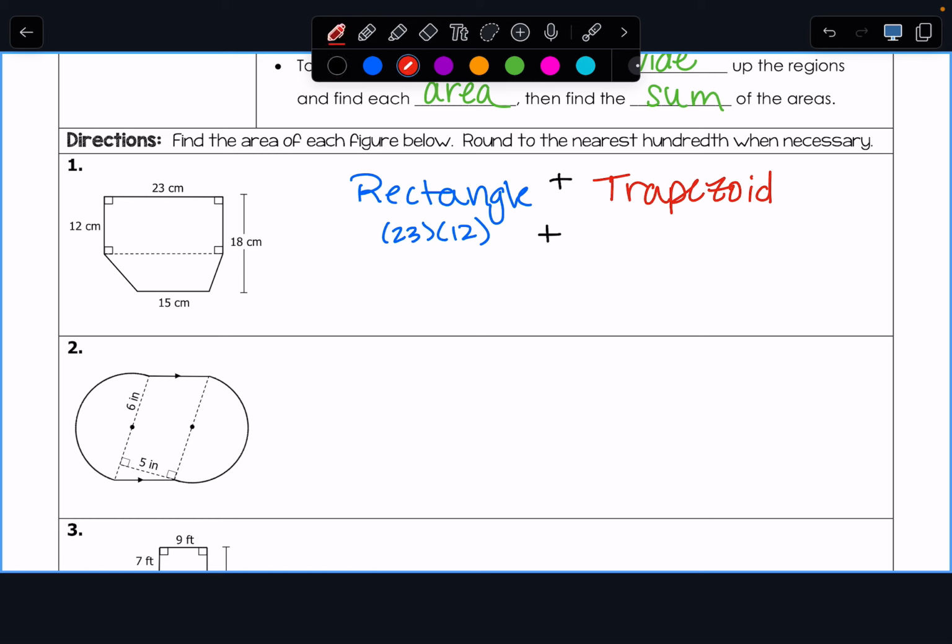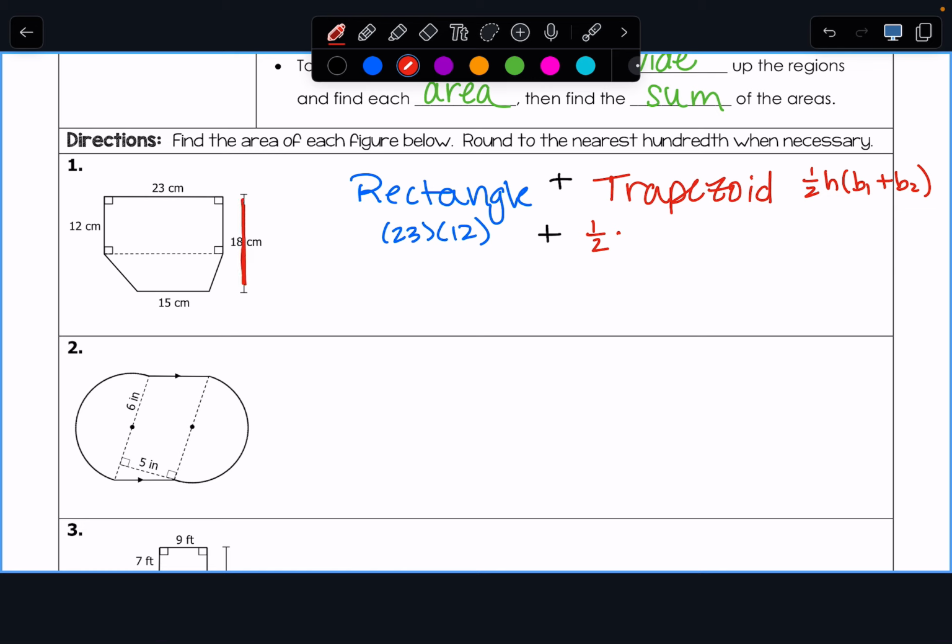Okay. Remember, a trapezoid is 1/2 times the height times the sum of the two bases. Okay. So what is the height of our trapezoid? How are you getting 6? Okay.